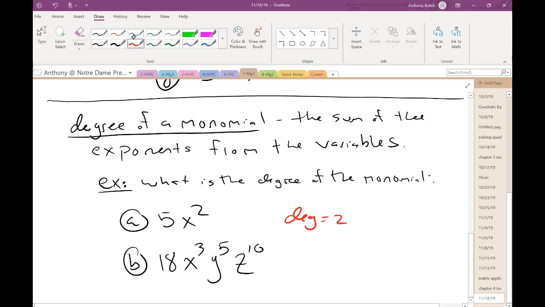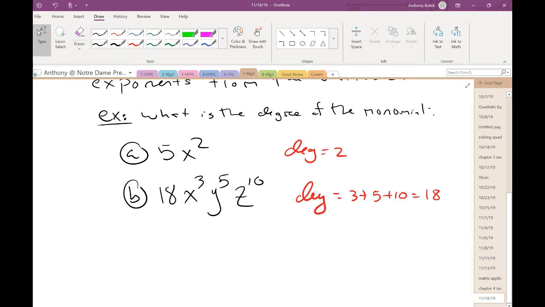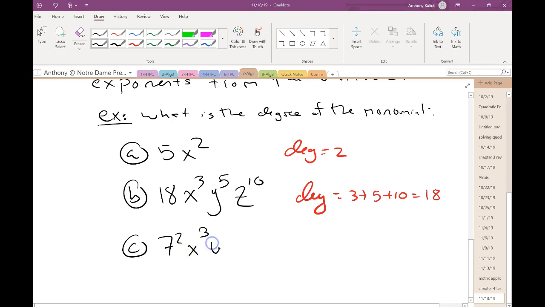How about 18x to the 3rd, y to the 5th, z to the 10th? The degree is 18. What's the degree on this one?